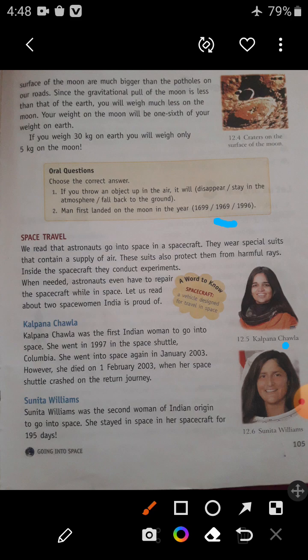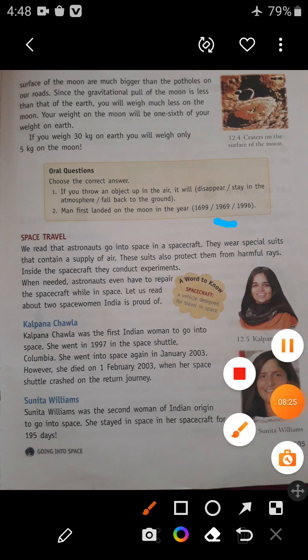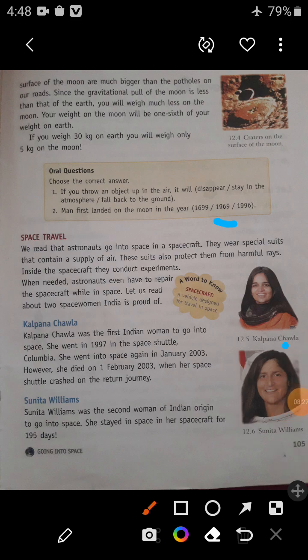Astronaut means a person who travels in a spacecraft. Now here a question arises. What is a spacecraft? So here a word to know is given. A spacecraft is a vehicle designed for travel in space.